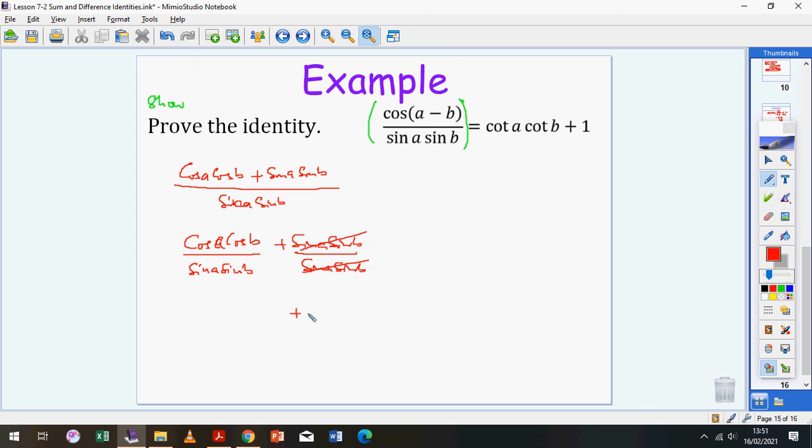And cosine of A divided by sine of A is cotangent of A, and cosine of B divided by sine of B is cotangent of B. So I'll just end up with cotangent of A times cotangent of B, and I have proved that it's equal to what they wanted me to show or prove.